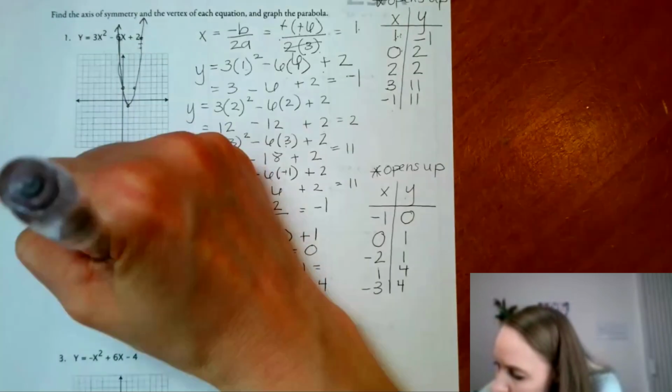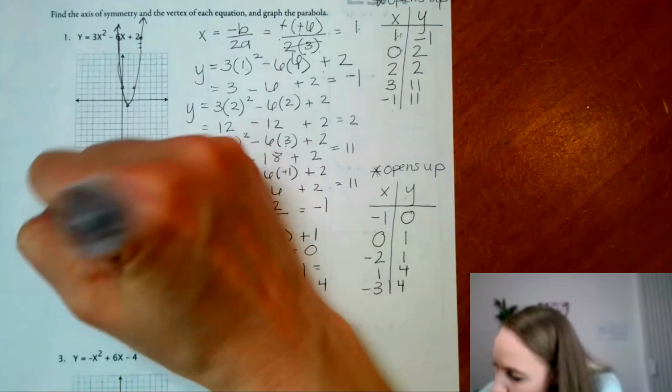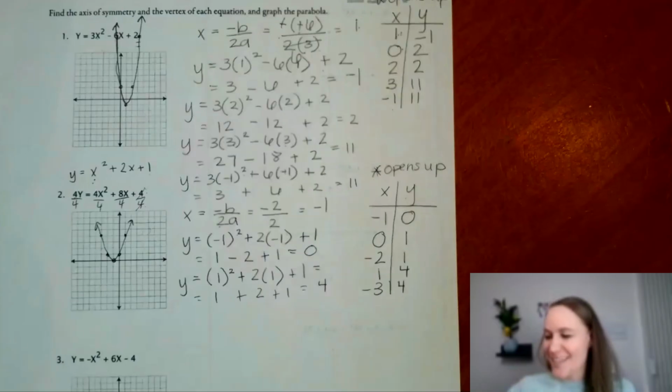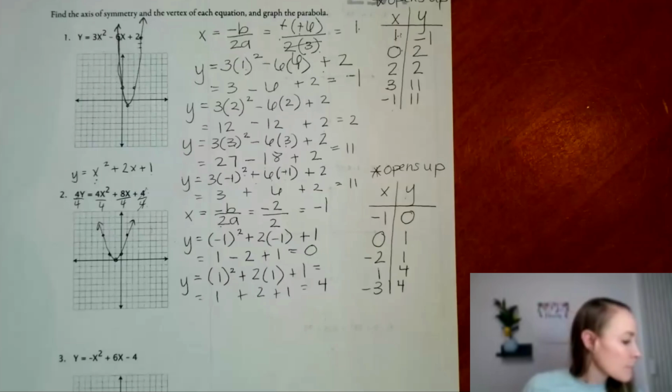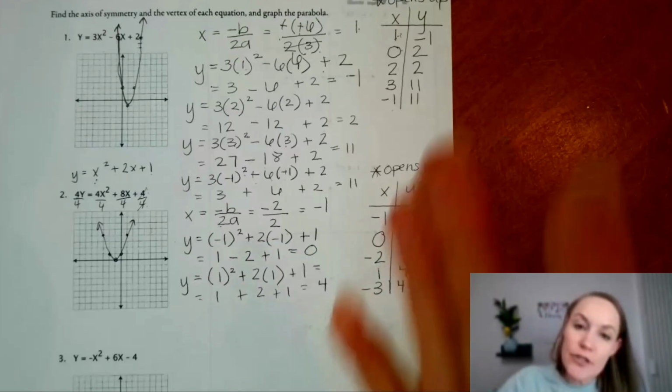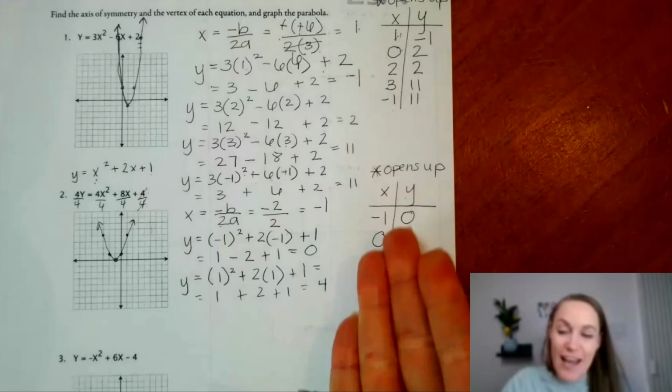Okay, so we have a nice little U shape here. That's what it looks like. And it's up to your teacher if they really want you to identify the vertex.